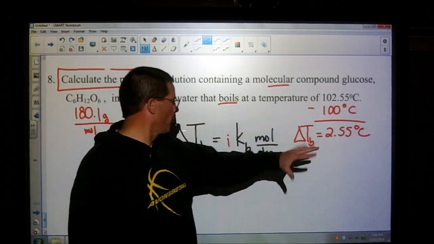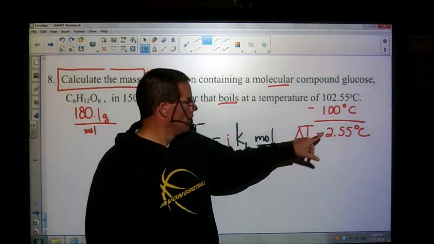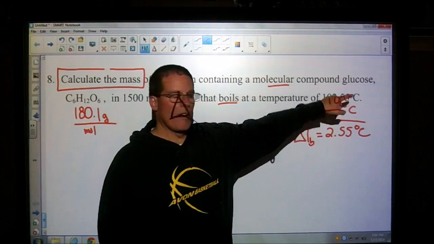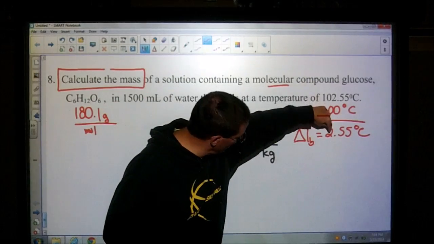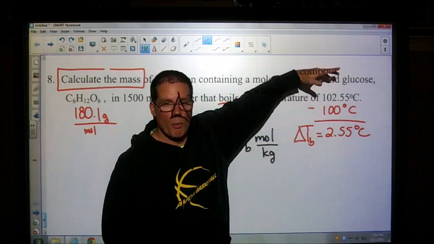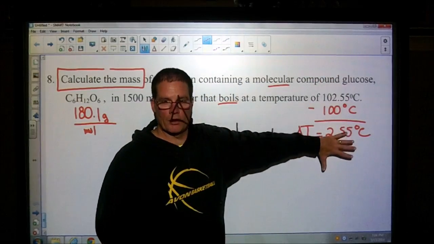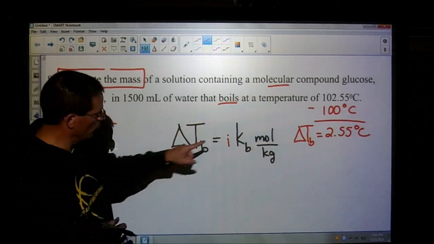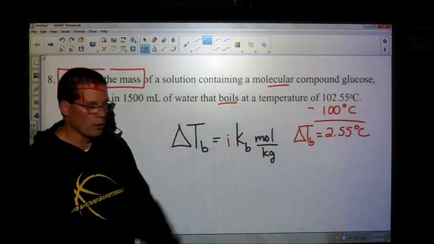Good. Because if we were calculating the delta T sub B and got that value, we would add it to the 100 to get 102.55. But to get the change in temperature, we need to take the new boiling point and subtract 100 from it. Hopefully that makes sense. So we know this, we know i, we know K sub B, we know the kilograms.